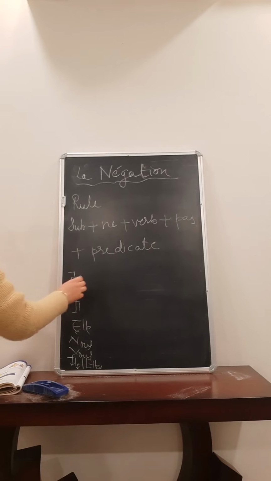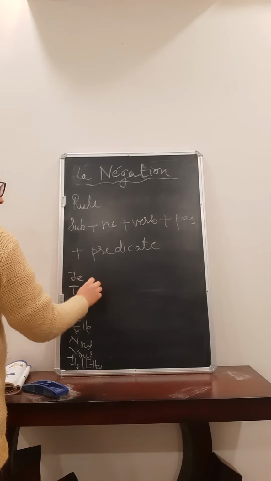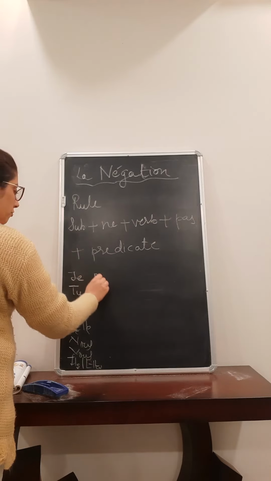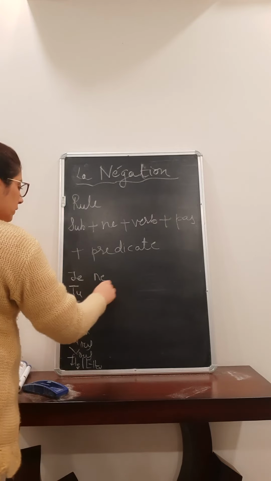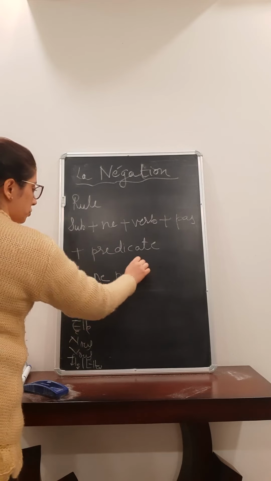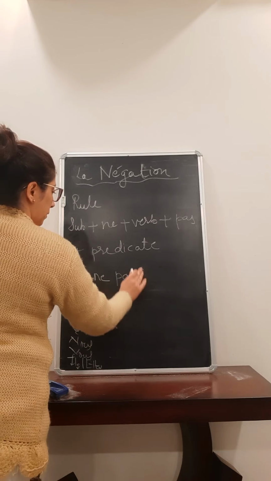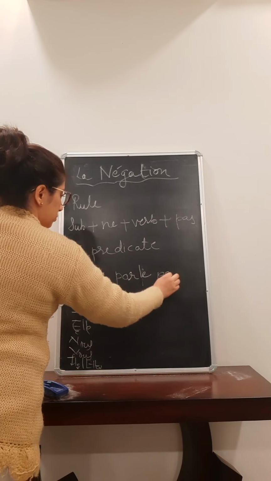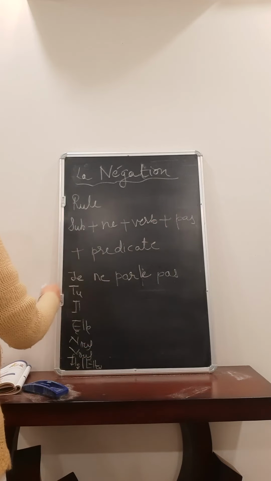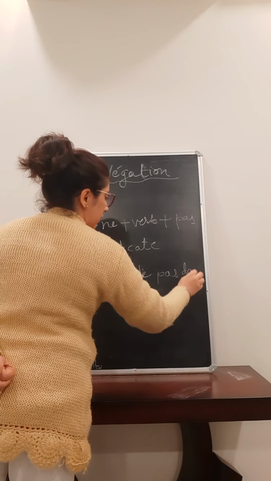Now, after je, we have to write ne. Then I'm taking a verb, parler. Je ne parle pas. Then the predicate could be dans la classe.